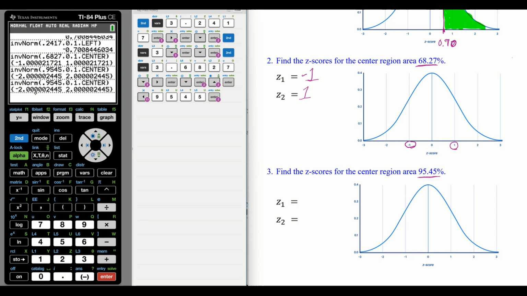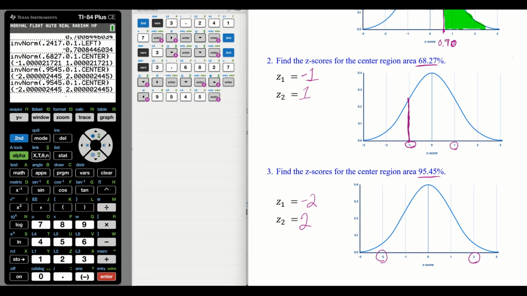Oh, I'm sorry, I entered twice. Okay, and you can see we are forced into rounding to the -2 and the 2. Okay, so now let's be more satisfying and color that in.